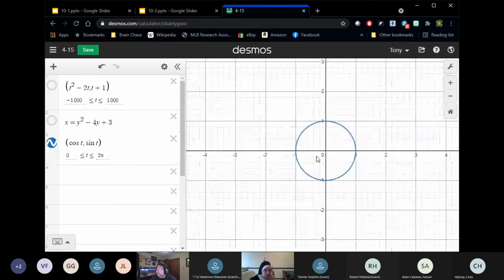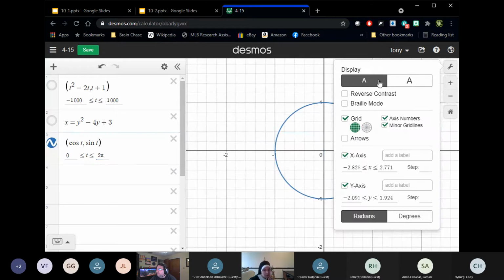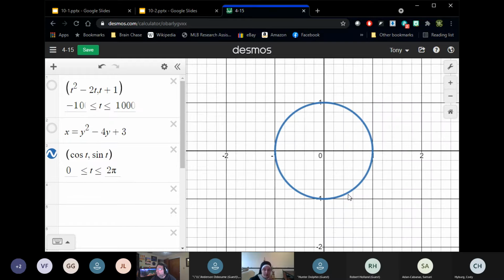And we get a circle. As you can see here, when we graph cosine t and sine t, we get our circle, going from 0 to 2 pi. If I go any higher than that, it's not going to change anything because it's just going to keep repeating over and over again. But I can go lower. If I just did it from 0 to pi, I get a semicircle.